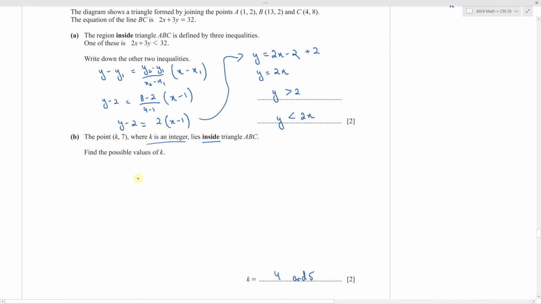So your boundary values are like this. So you have a number line here: 0, 1, 2, 3, 4, 5, 6. So the range of values is 3.5 till 5.5. But you're given that k can only be an integer. So the only two possible integer values inside this range are 4 and 5.